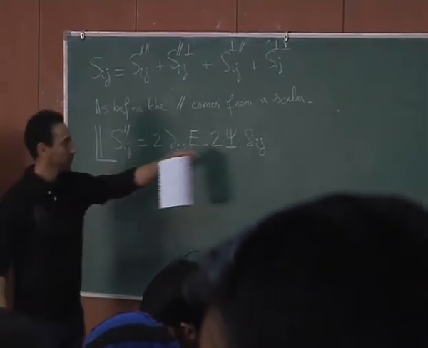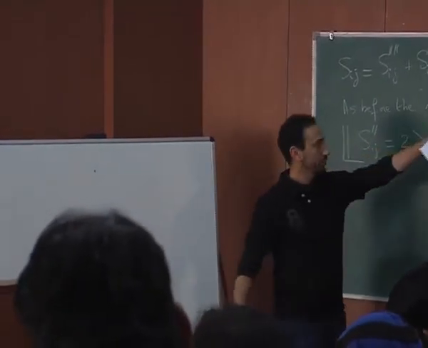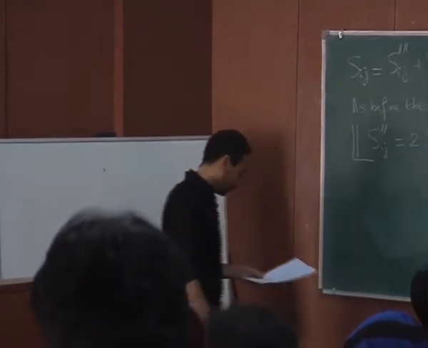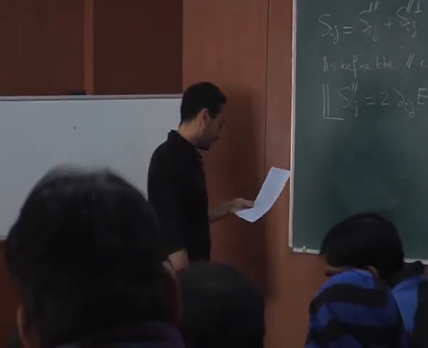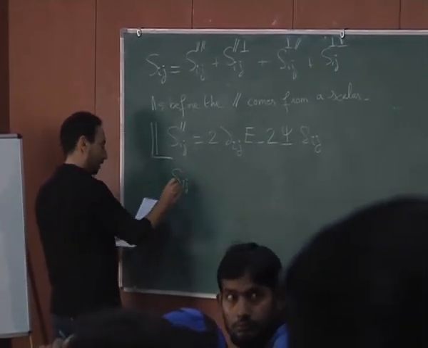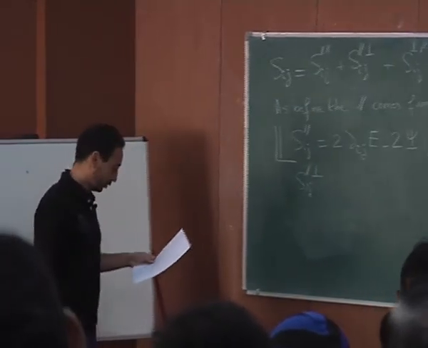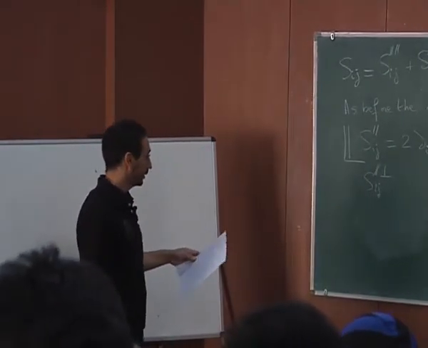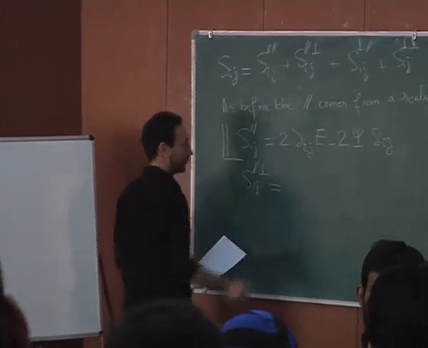So the first term, which is the parallel one, we can write it like this with two scalars because you remember that parallel component is always a scalar as we saw before. Then we continue with ij, the parallel orthogonal. So what we know is that I can always write it.